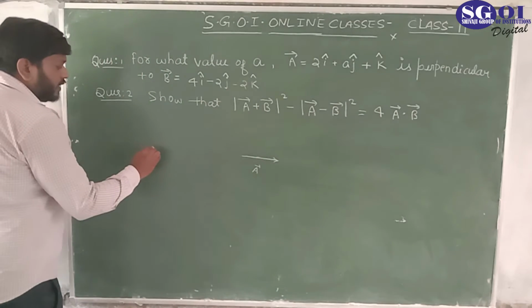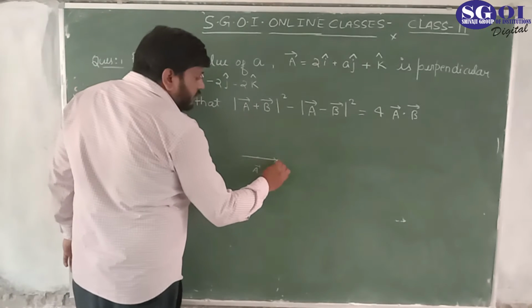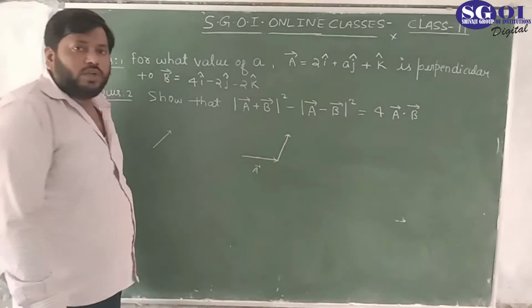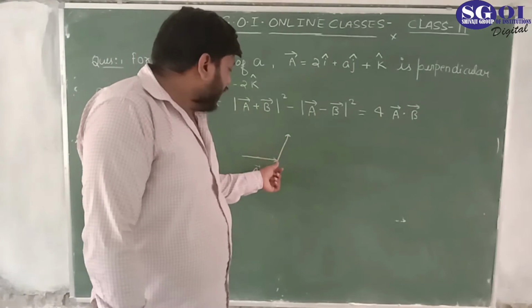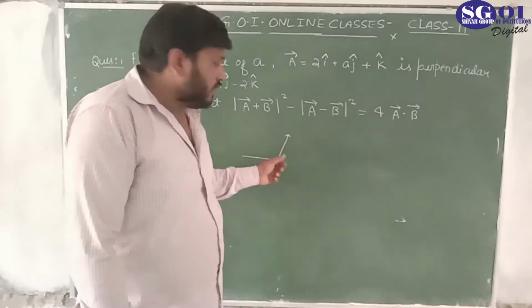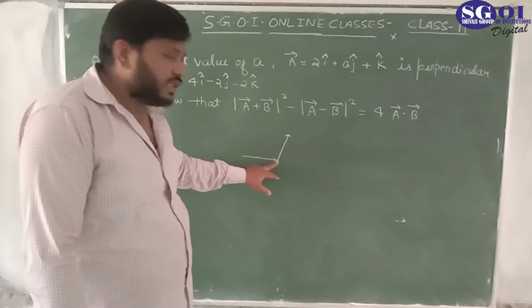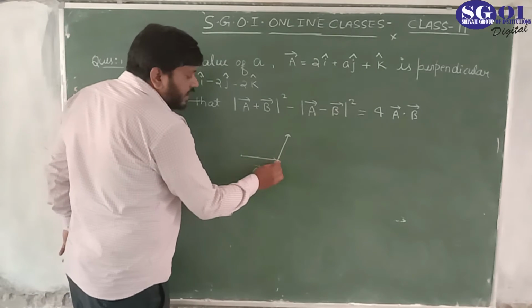So we take another vector b in any direction, and we start it from the head of the first vector, from its end.